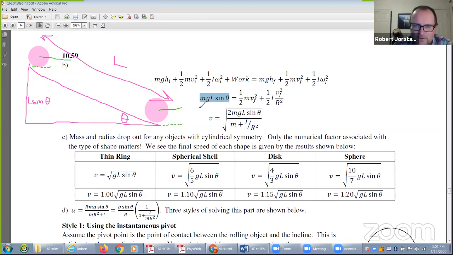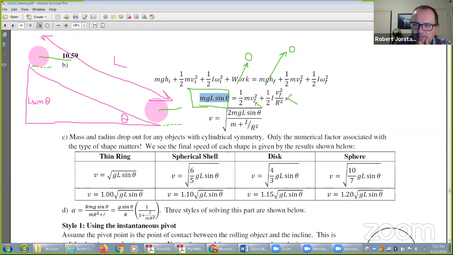Initially, you have all gravitational. There it is. At the end, it's now down to zero height, so this term drops out. There's no gravitational. I already explained what happens to the work done by friction. Even though there is friction present, the work done by that friction is zero. So notice here, this is the translational energy.